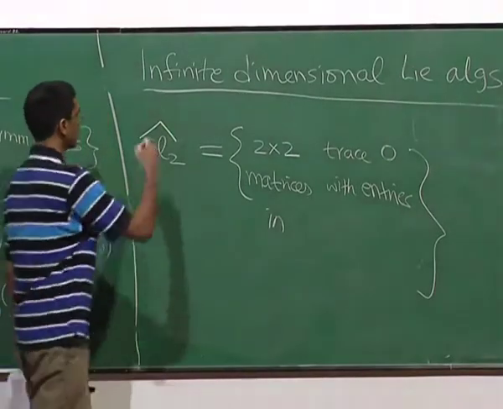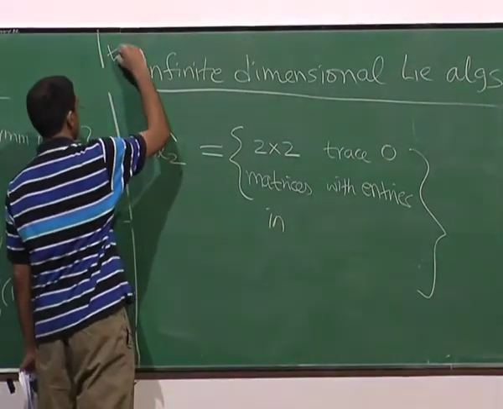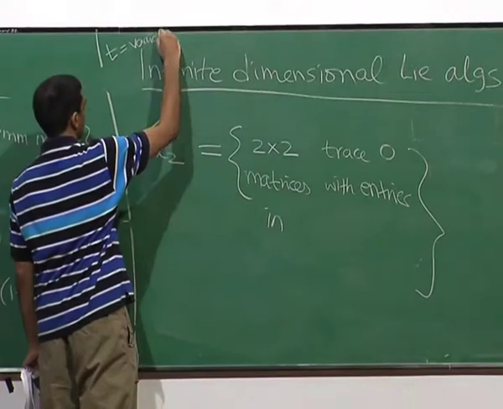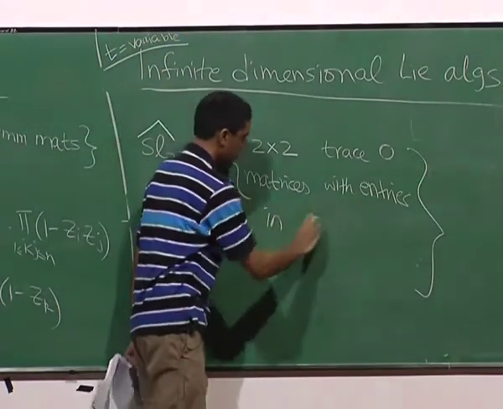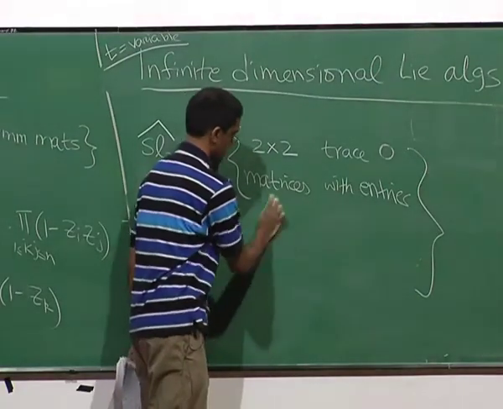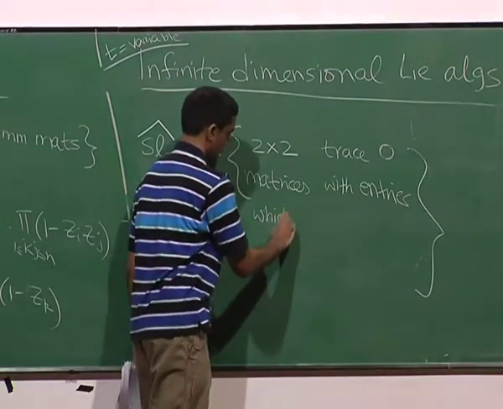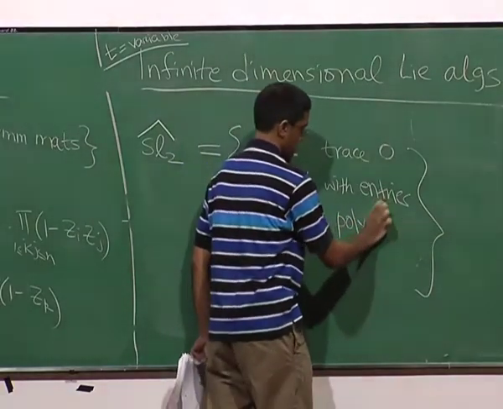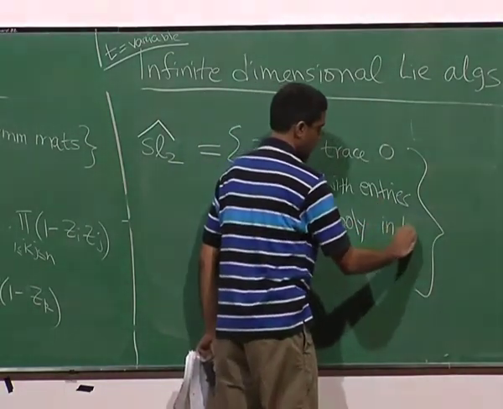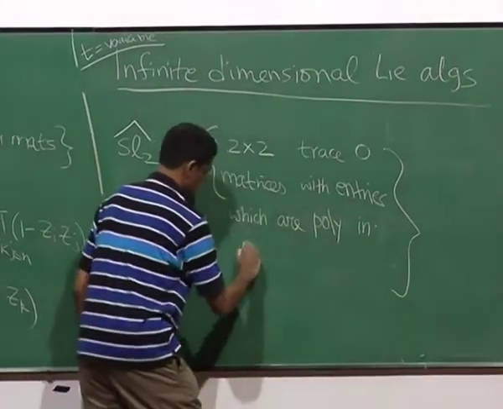Okay, so let me pick a variable. So let T just denote some variable. So I will take 2 cross 2 trace 0 matrices with entries which are polynomial in T and T inverse.